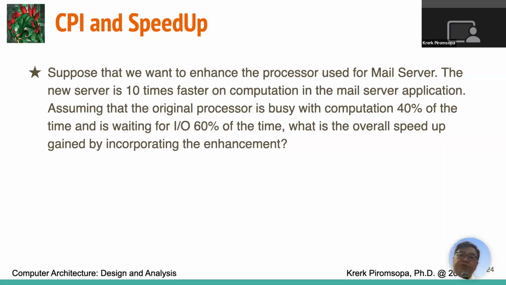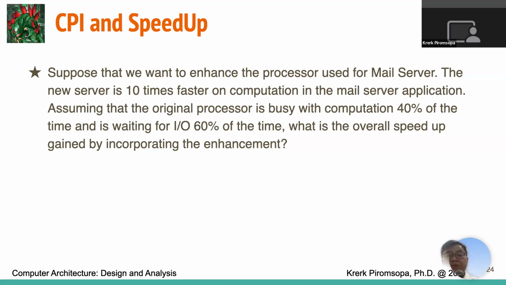The new server would be 10 times faster, only for the email computation or the mail application. If the computation of the mail is 40% of the time, and another 60% is for the I/O, basically network, memory things.